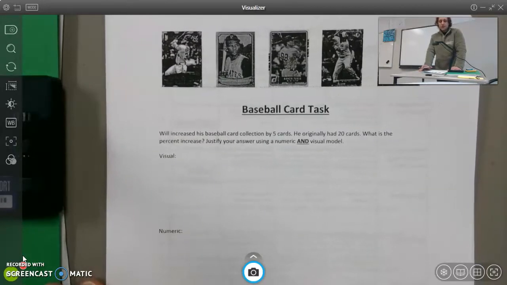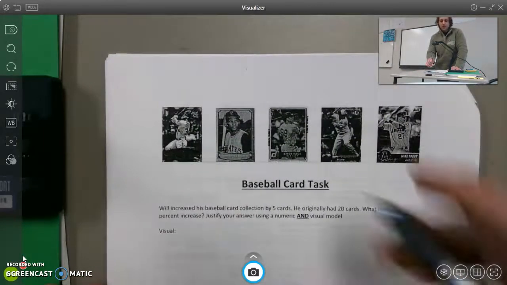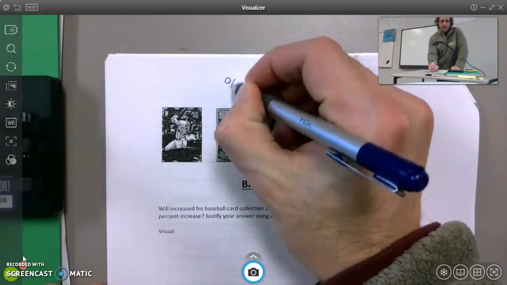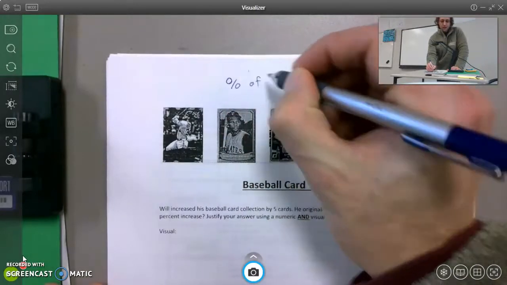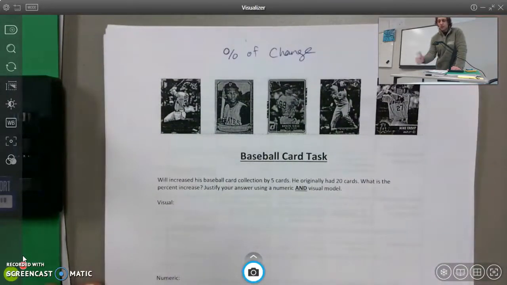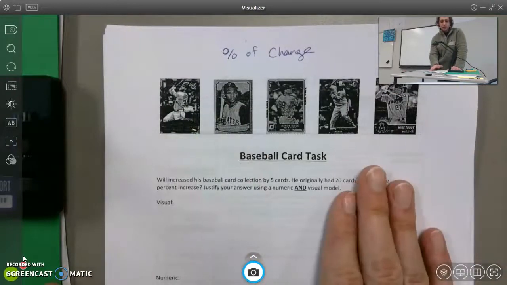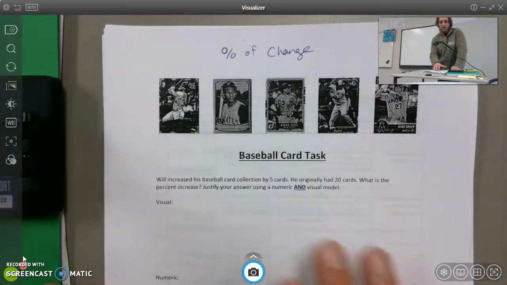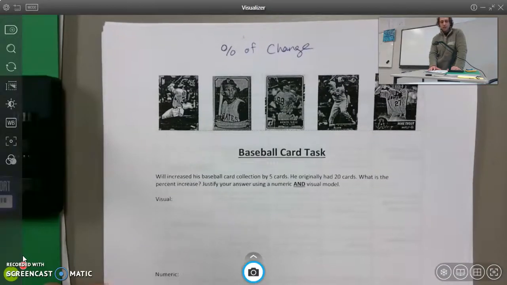Today we're going to be looking at the baseball card task. The point of this task is to look at something called percent of change. So we are just going to be looking at what is the percent of change that's happening here in this student's baseball card collection.